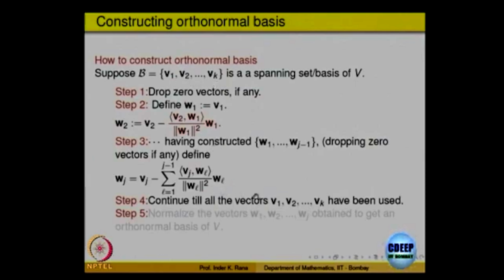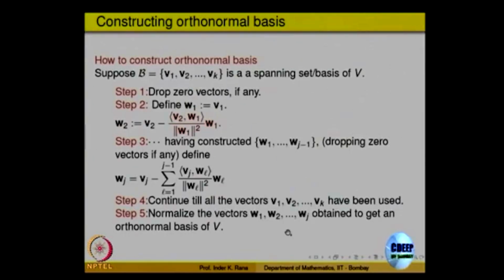You will get a set of orthogonal vectors w1, w2, wj, none of them 0, which span the same space. Once you have that, you normalize them to form an orthonormal basis. That is the process of constructing an orthonormal basis from a given one.